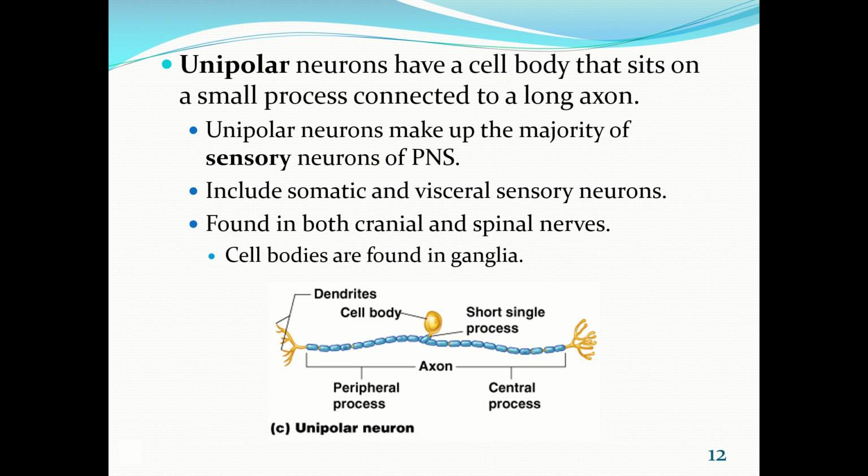The cell bodies of unipolar neurons are found in ganglia, which are swellings on the neurons or the nerves. And here with the unipolar neuron, the dendrites will be where the receptors are located, and the long axon has two divisions there, a peripheral process that will lead to the ganglion, and then the central process, which will carry that information into the spinal cord.